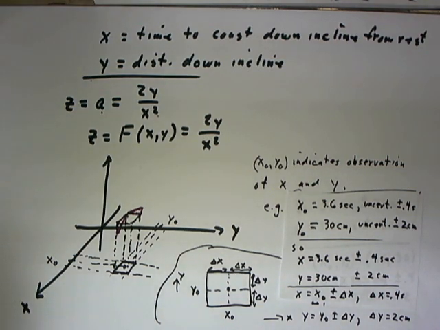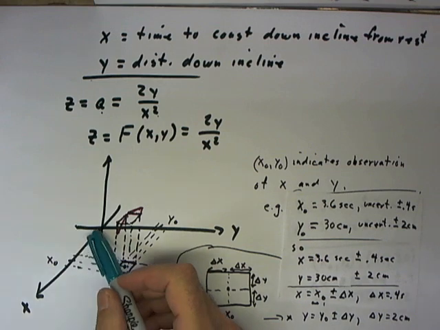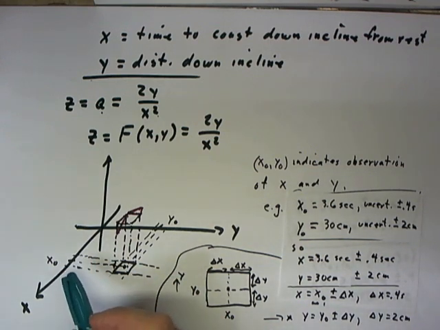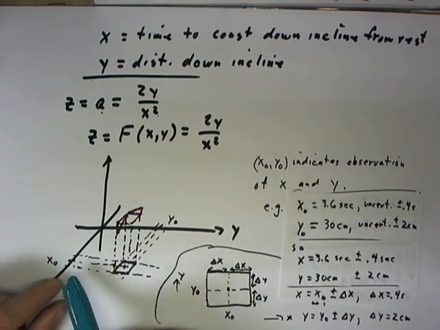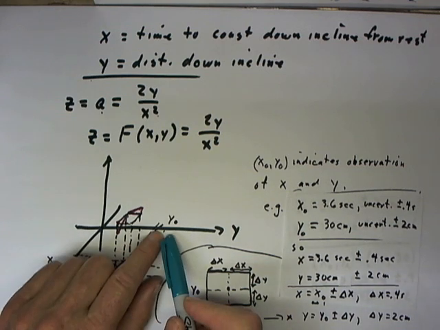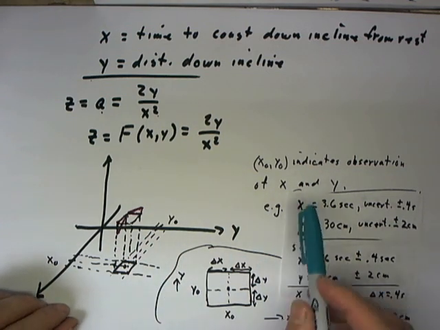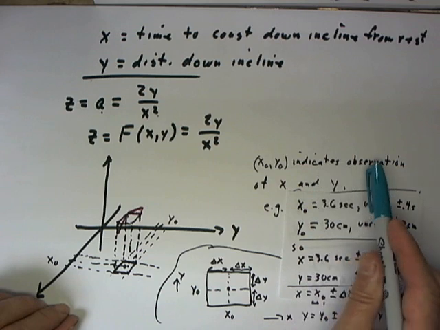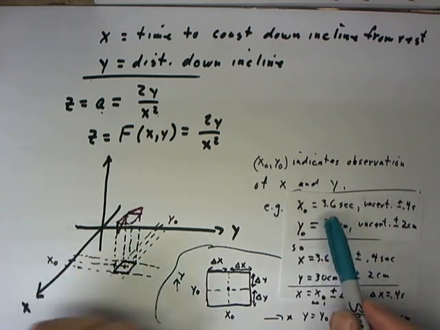is that we have an observation x naught and an observation y naught. Now x naught y naught indicates an observation of x and y.